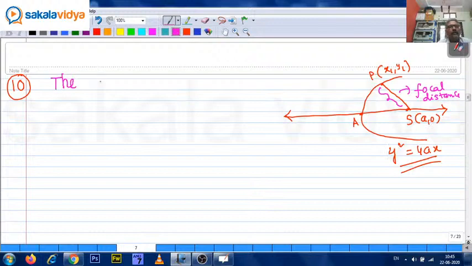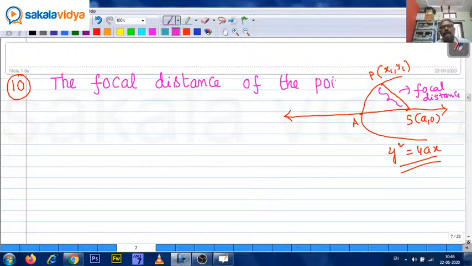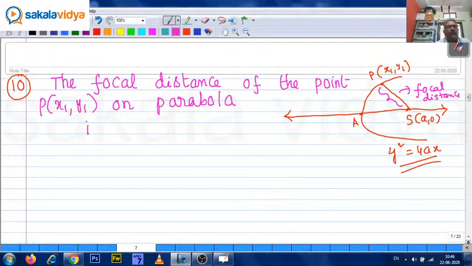The focal distance of the point P(x1, y1) on the parabola y square is equal to 4ax is SP equal to mod of x1 plus a.